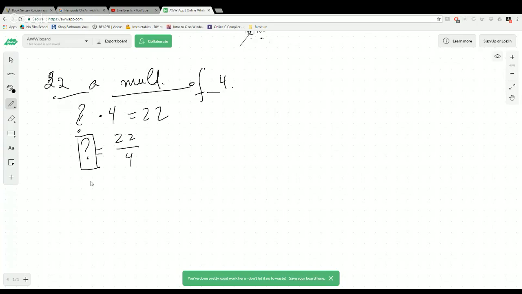Is 63 a multiple of 9? We want to know if it's a multiple of 9. So again, you say, is there some number of times I can count by 9s and get to 63?